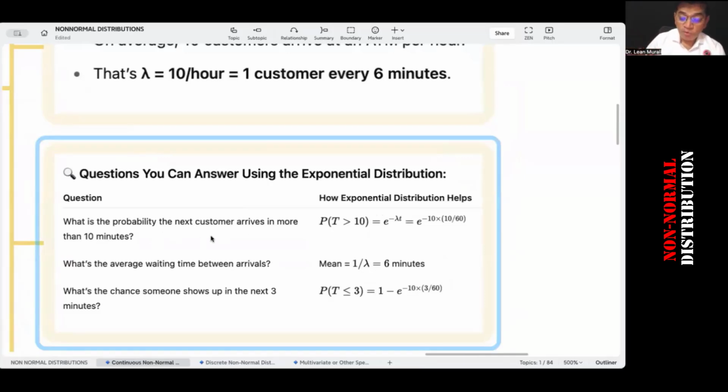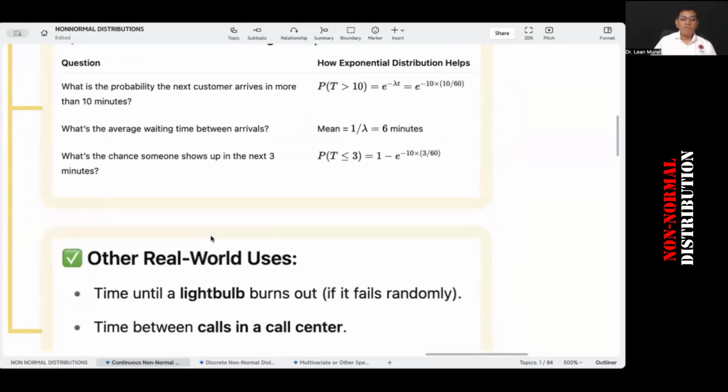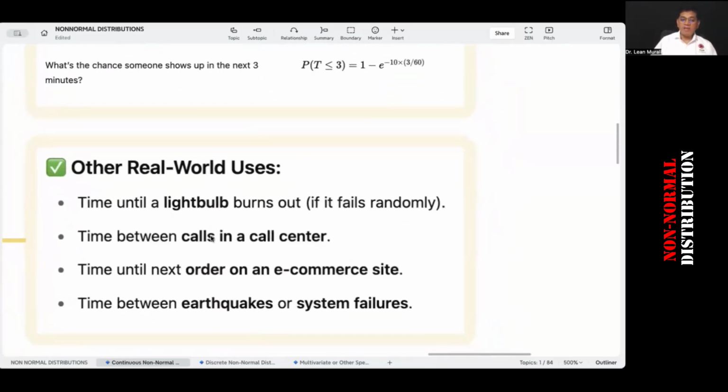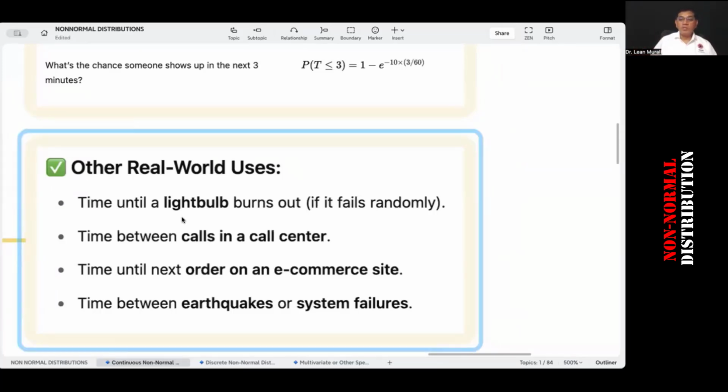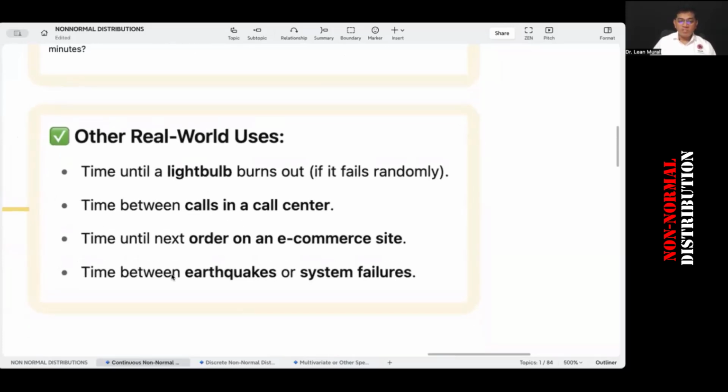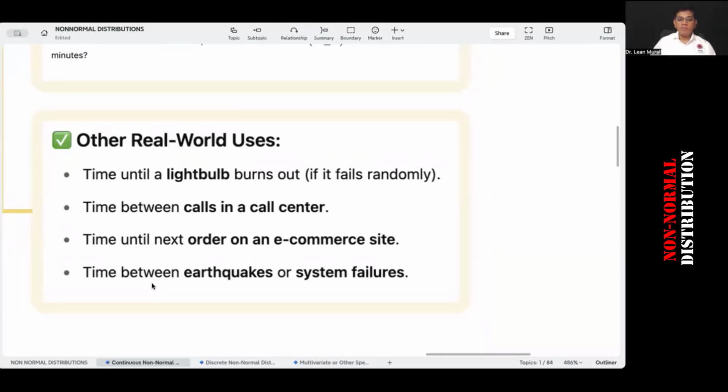I'm not going to go into the depth of this, but I'm going to show the highlight of it. It can also be used in real-world examples like customer waiting times, time until a light bulb burns out, time between calls in a call center, time until the next order on an e-commerce site, and time between earthquakes and system failure.